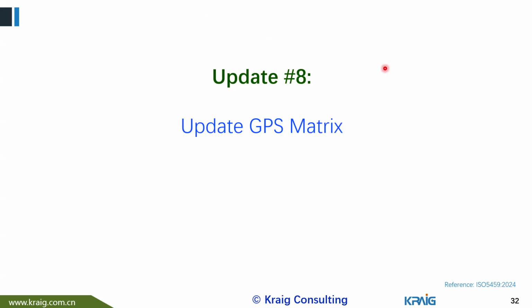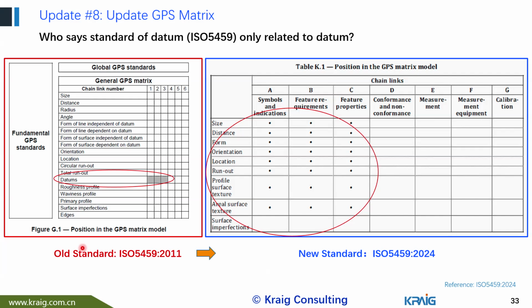And lastly, the update number 8, the new standard updates the GPS matrix. The old standard tells you ISO 5459 only covers datum sections, and we know for ISO GPS there's size, distance, radius, form of datum, and all of this location, orientation.